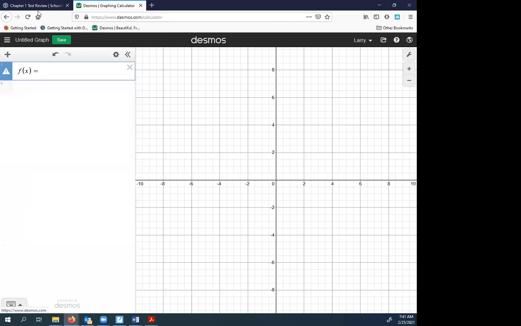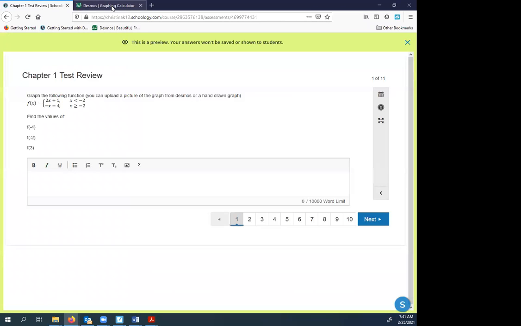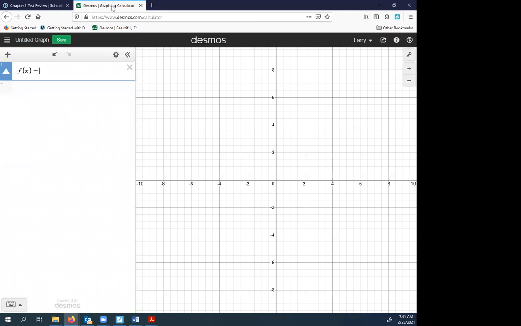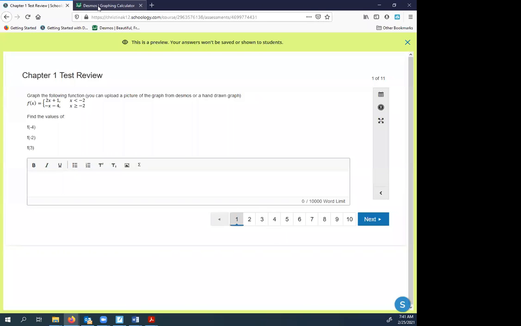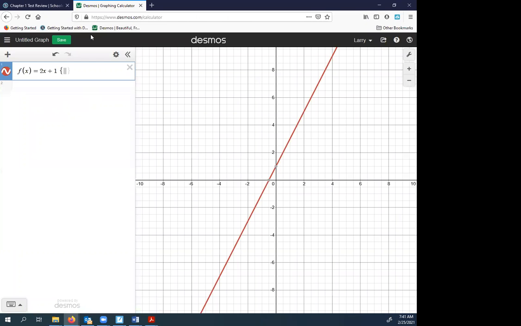And if you're just like, I figured it out on Desmos, can that count? That counts. So I put in f of x is equal to 2x plus 1. And then I put my curly braces. And then my domain restriction said x is less than -2. There's some start of it.